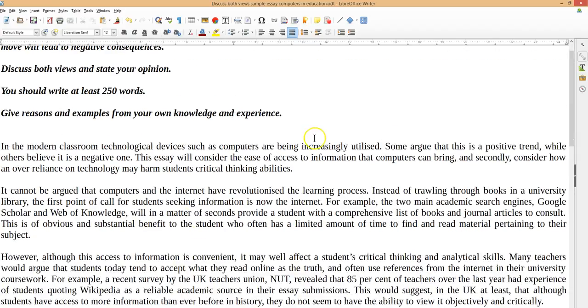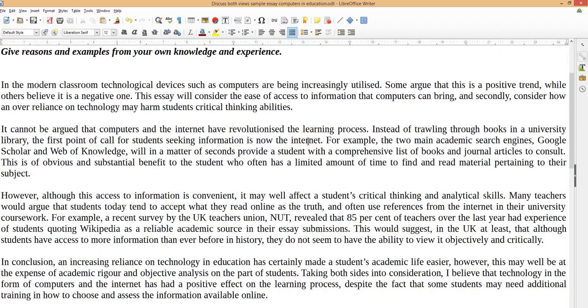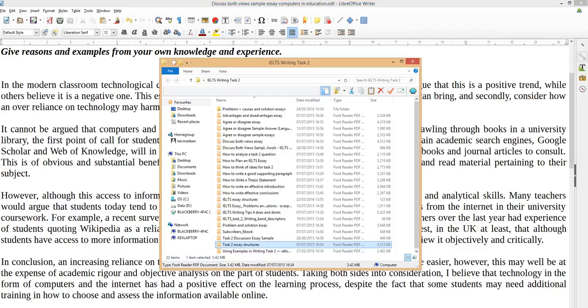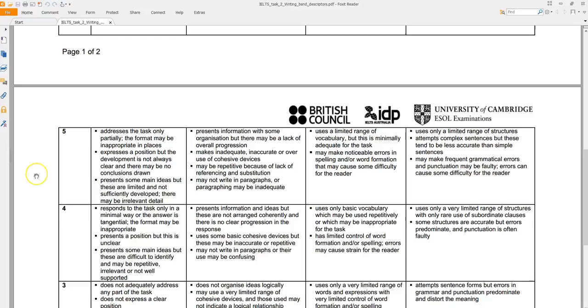Now, one other thing I want to point out is the cohesion, the coherence part, how the paragraphs refer back to, so there's a clear position coming all the way through the essay. I mentioned this before in the descriptors.